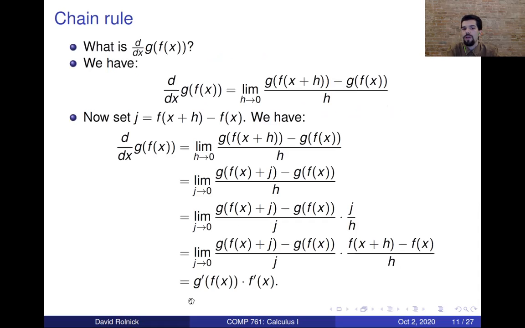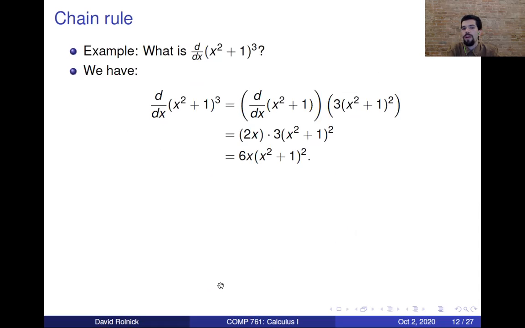That's this term here. Now, what about the derivative of f? Well, that's the derivative of x squared plus 1, which is just 2x, because this is 2x and this is 0. So it's 2x times 3 times x squared plus 1 squared, which is 6x times x squared plus 1 squared. Yep. It's important to remember to multiply by the 2x. Otherwise, even knowing the chain rule, I have misapplied it so many times.